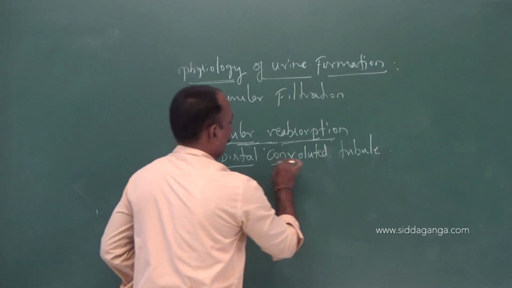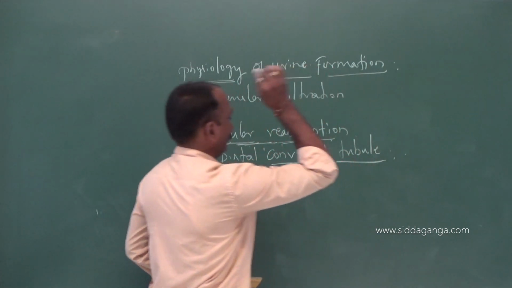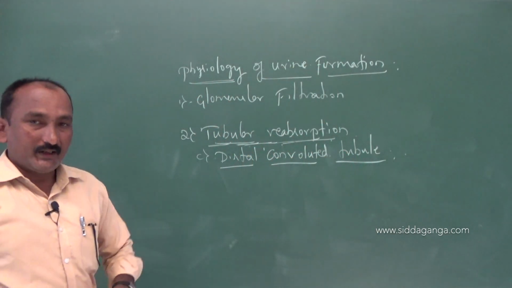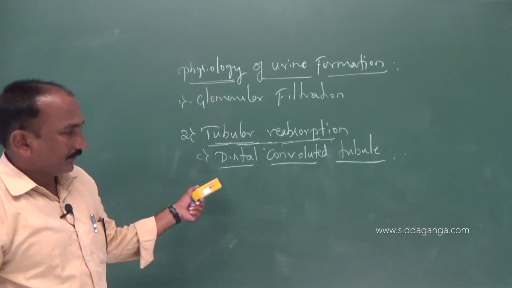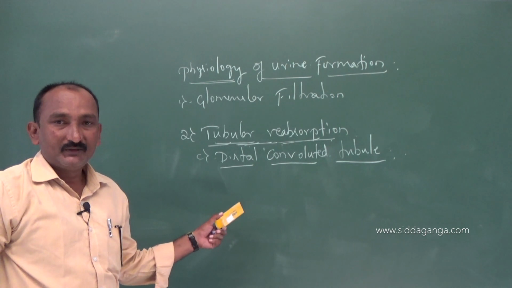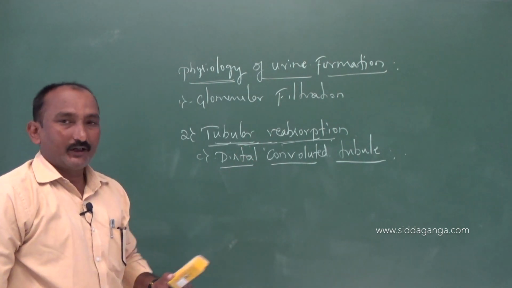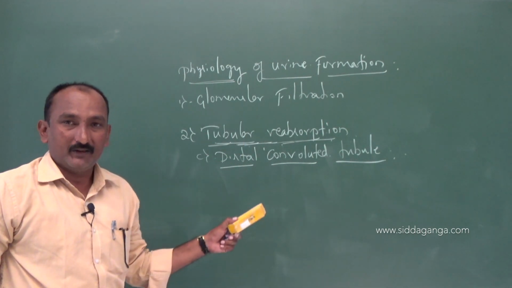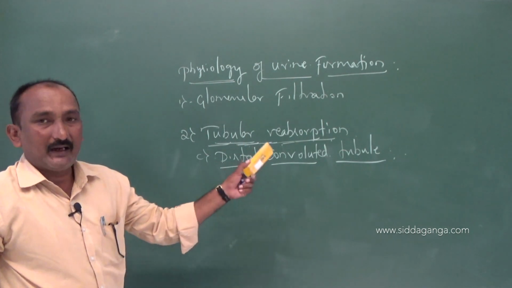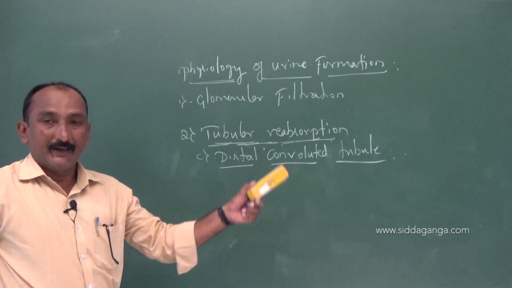The distal convoluted tubule is the next part. It is also a coiled tube, but less coiled, superficially similar to the proximal convoluted tubule, but it is present next to the loop of Henle, next to the ascending limb.